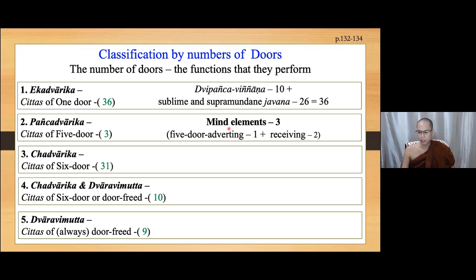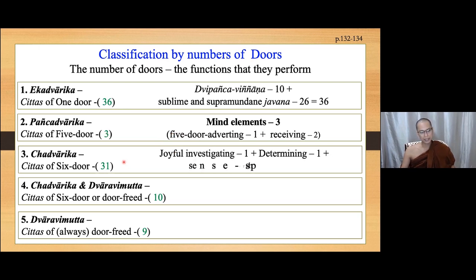Altogether, they are collectively called the mind element consciousness. But they never arise in the mind door. Although they are called the mind element, they never arise in the mind door. They arise in the 5 doors. So whenever a 5 door process arises, these 3 occur.